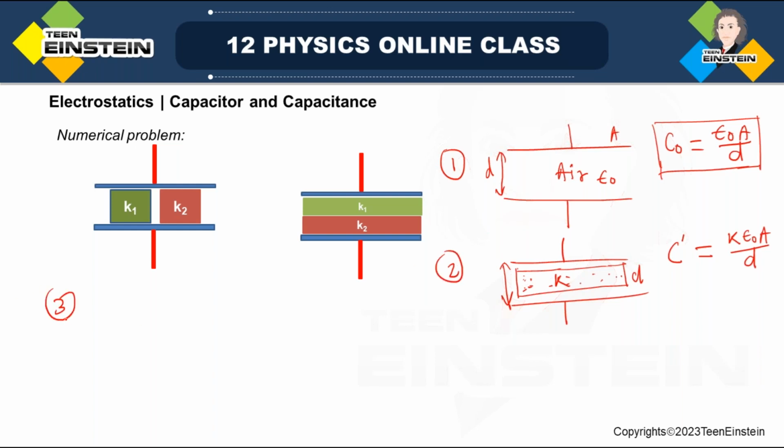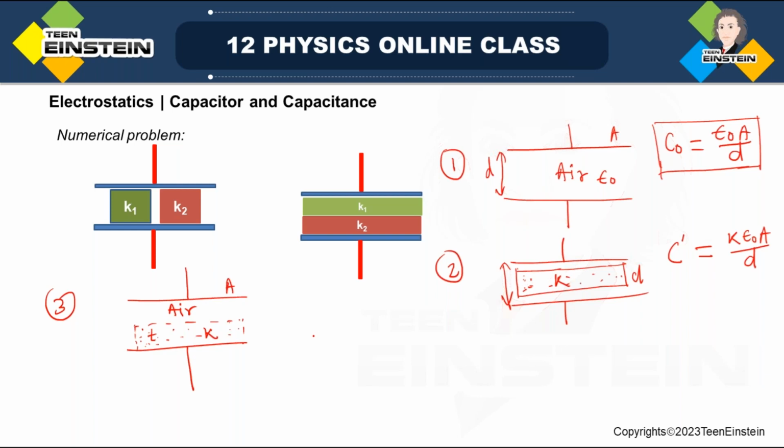So case 3 was something like this. Suppose the parallel plate capacitor has plates of the same dimensions. The area of cross section is A, and separation is D. But now this time suppose some T thickness of the space between the plates is filled with a dielectric material having dielectric constant K, and the rest of the place is air again.